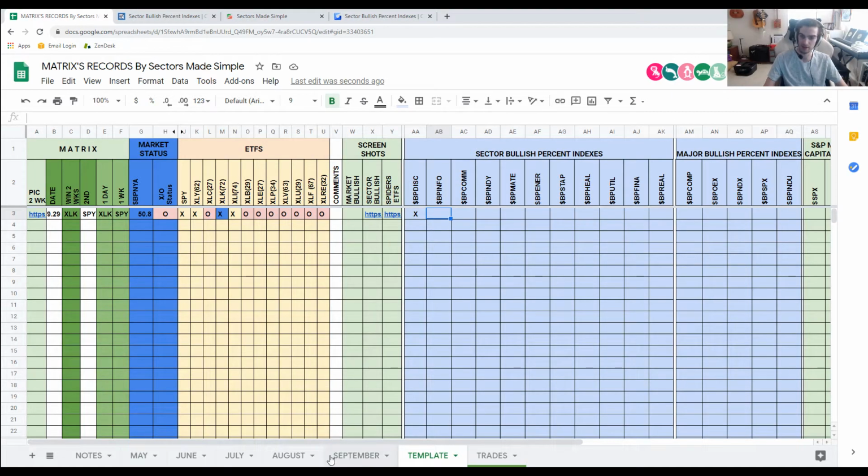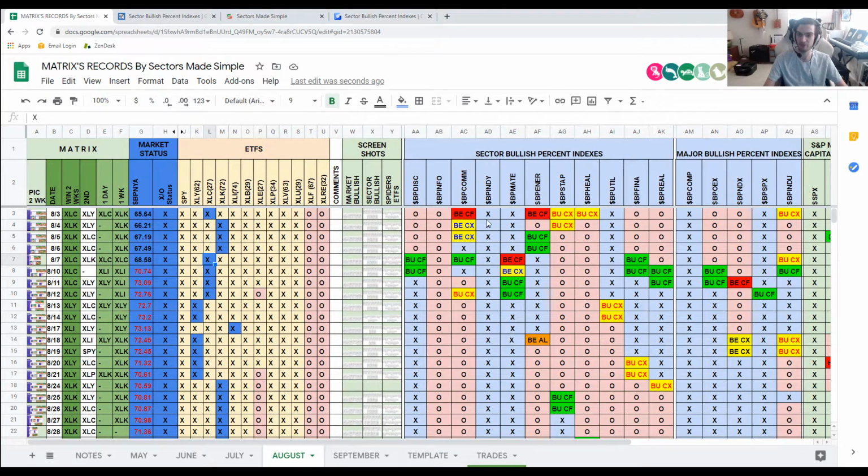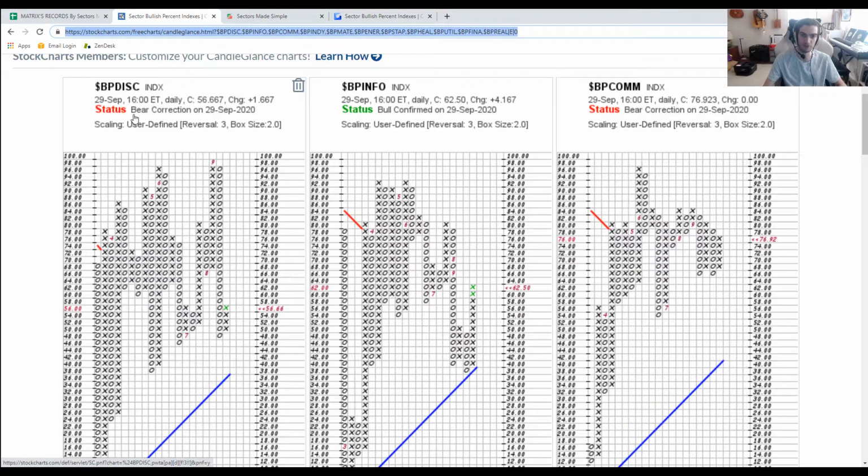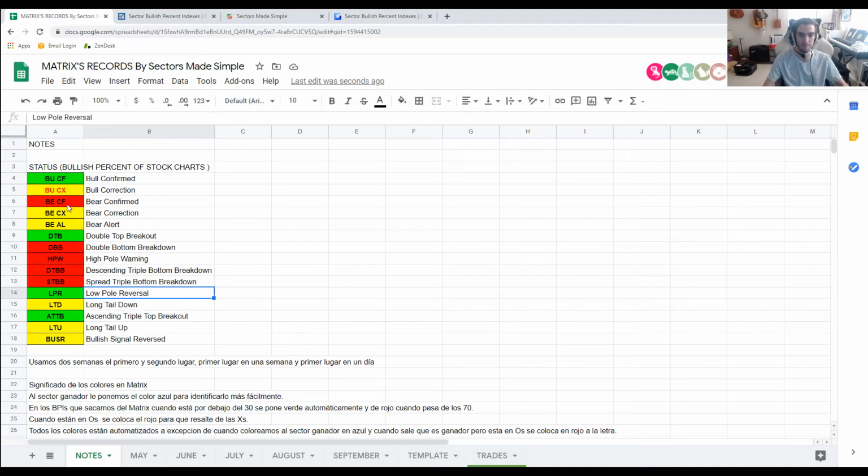So if you see here in the past, there are different symbols that are put in so that we know when important things happen. If you want to know what these mean, you can go over here on the Notes tab in the bottom left, and you can find all of the statuses listed. So for example, here we see bear correction on, well, hey, that's today. So we're going to put bear correction.